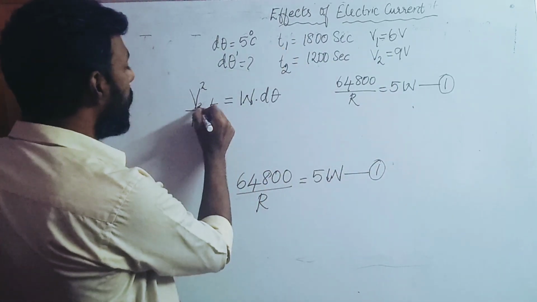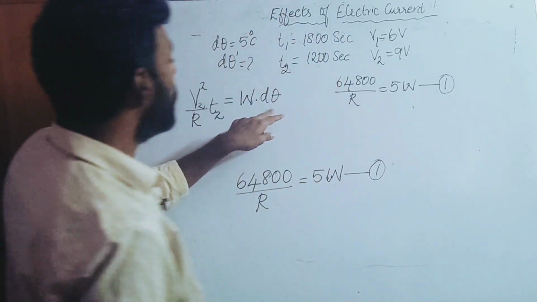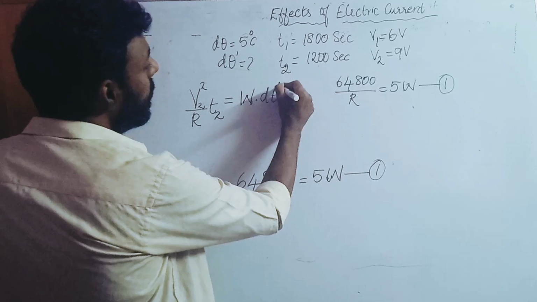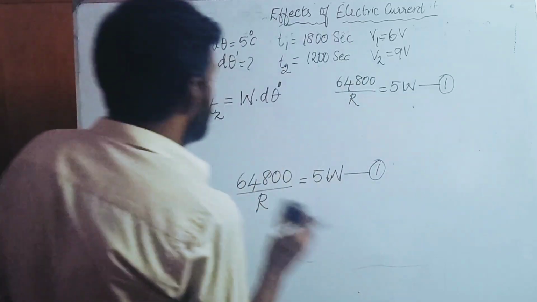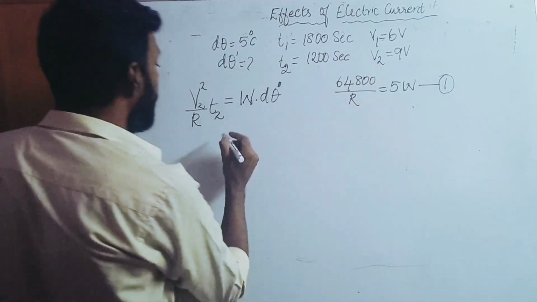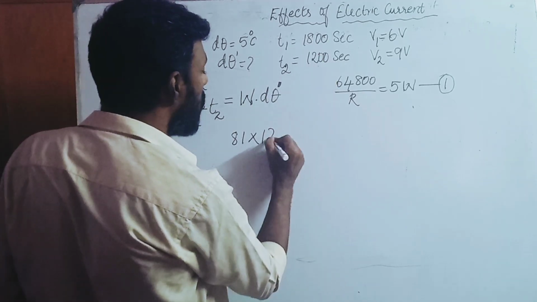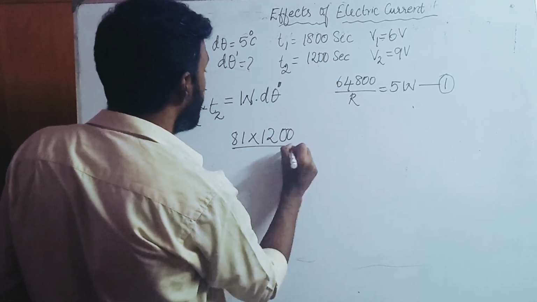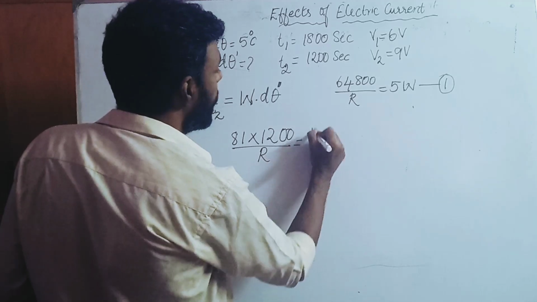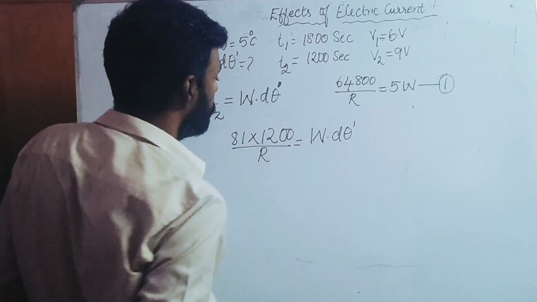So V2 squared, T2, and instead of d theta, it will be d theta dash. V2 squared is 9 nines are 81. 81 into the time interval, 1200 seconds, divided by R equals W into d theta dash.